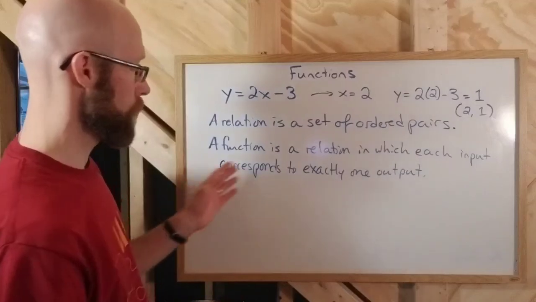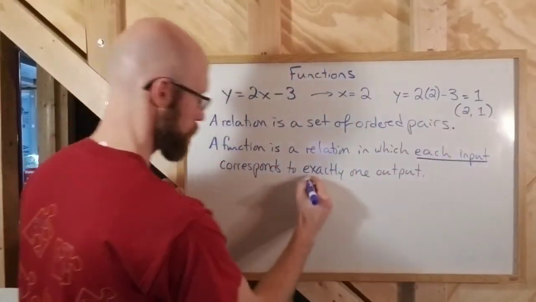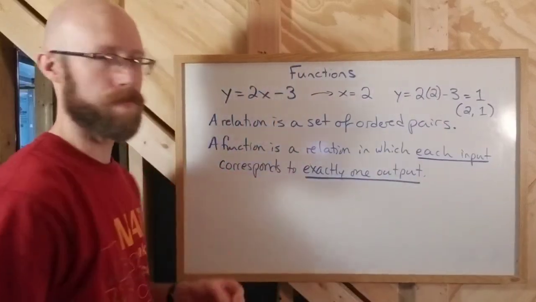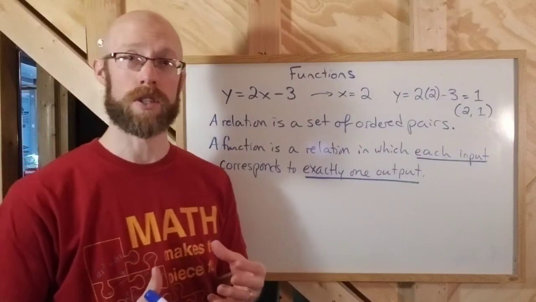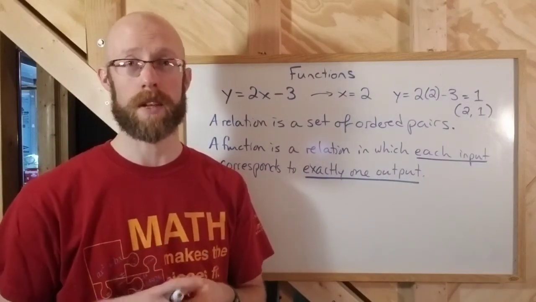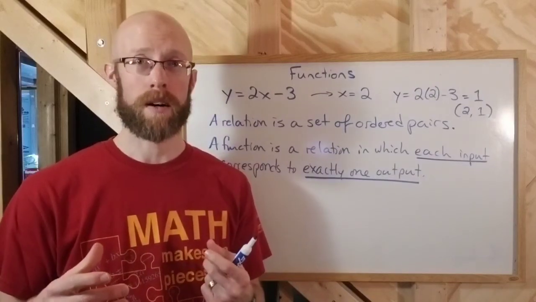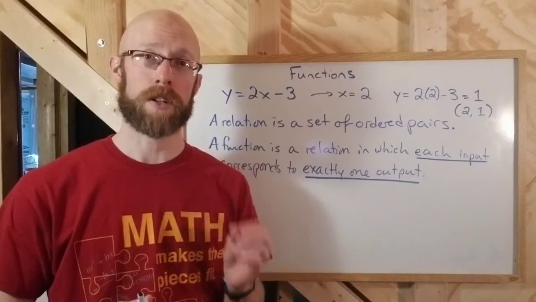Okay, so function, really important that each input corresponds to exactly one output. It's a very specific type of function, or of relation. Now relations in general can have lots of different things. You could have in a relation multiple outputs from the same input. That's okay. But in a function, you can't.